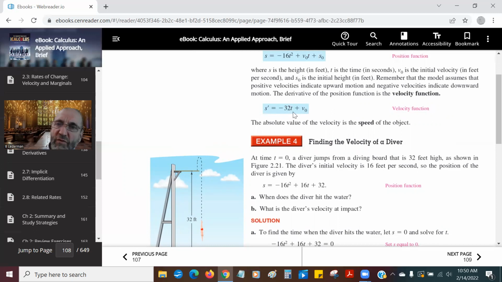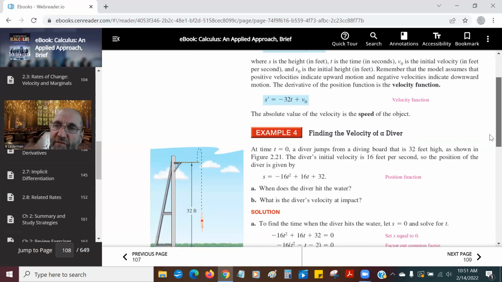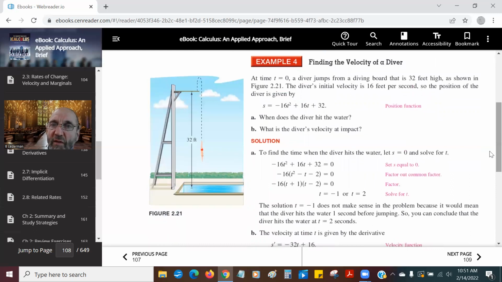If I took another derivative, the derivative of the velocity, then I would get the acceleration, but we're not talking about that right now. By the way, the acceleration due to gravity is negative 32. So the negative 16 is half the negative 32, in case you're wondering. But I'm not a physics person, I'm a math person, so let's just move on.